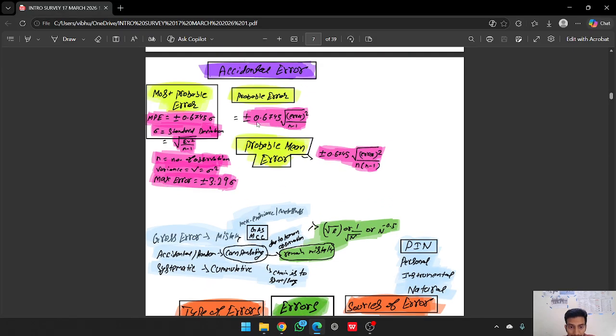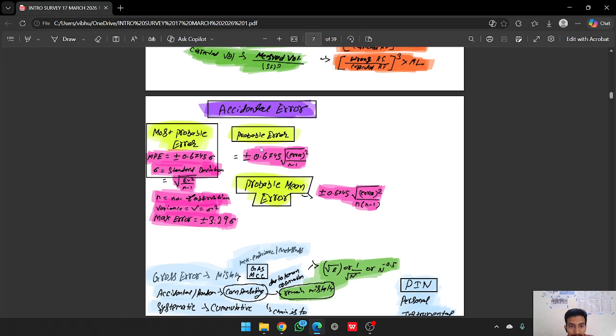Now, in accidental error, there are also three types of error. There is most probable error, which is plus minus 0.6745 standard deviation. And standard deviation is the summation of variance squared upon n minus 1, where n means number of observations, and the maximum error should be plus minus 3.29 standard deviation.